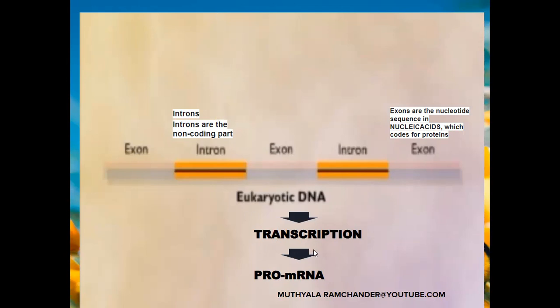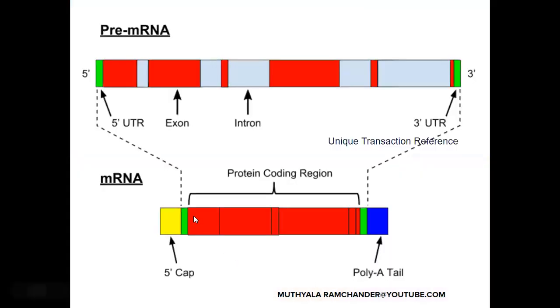The pro-mRNA is also called heteronuclear or heterogeneous mRNA. This whole transcription process occurs in the nucleoplasm only, meaning the DNA present in the nucleus is involved in transcription. The transcription process produces pro-mRNA, or pre-mRNA.